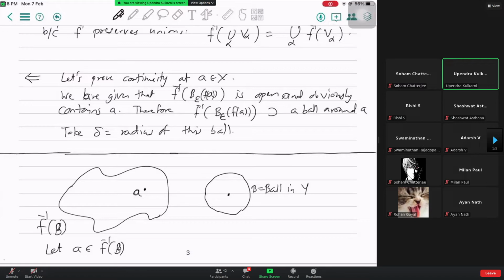Well, if there is no such A, that means that the inverse image of this ball is empty and the empty set is open. So I don't have to do anything. Right? So it's vacuously true. Now, let us suppose A is in F inverse of B.